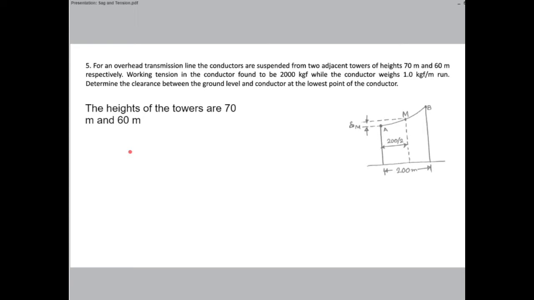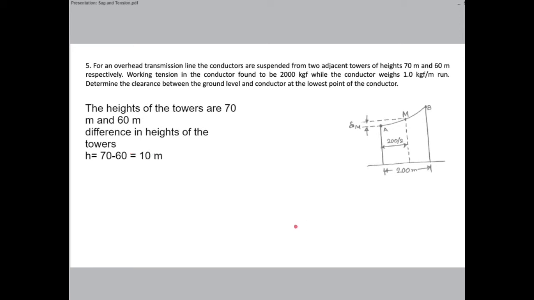And then from there you can find the difference in height of the towers, which we write as H, small letter h, which is 70 minus 60 is equal to 10 meter.